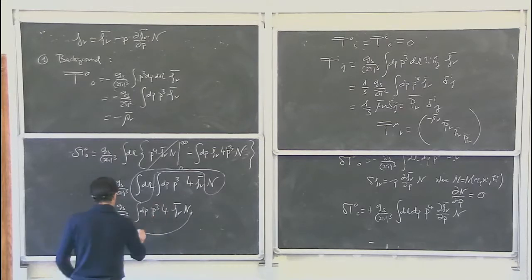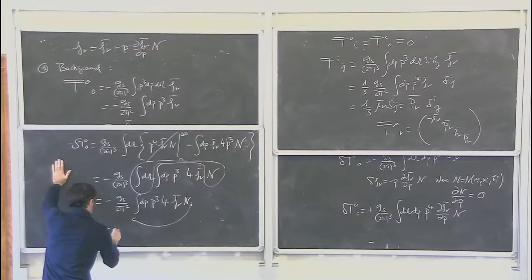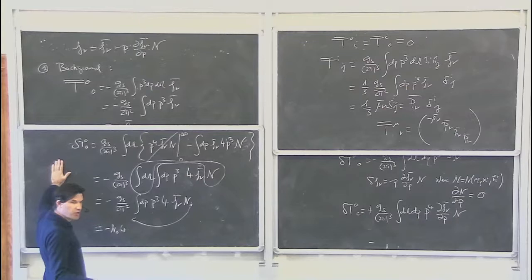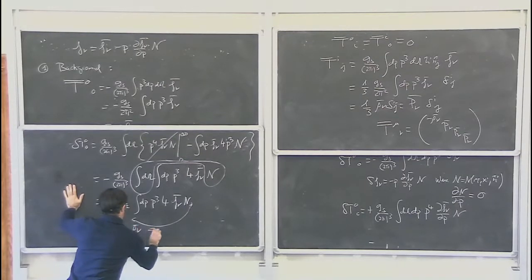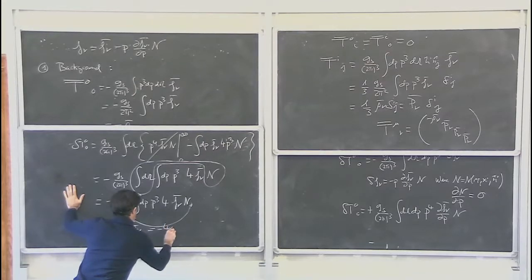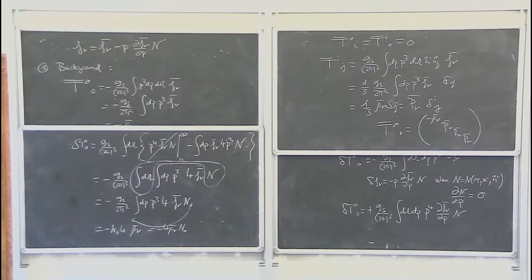So I take it out, and I get minus n naught times 4 times an integral which I recognize is just the average energy density. So it's just minus 4. That's what it is.